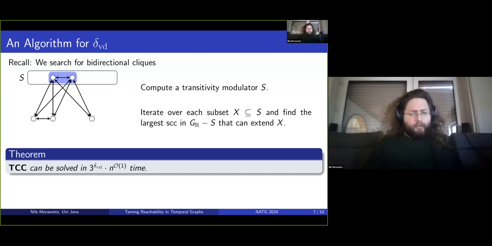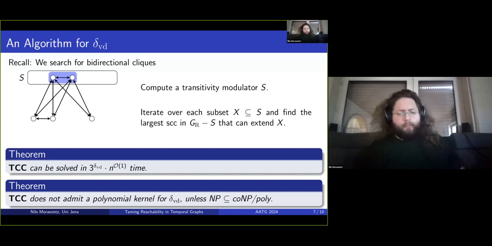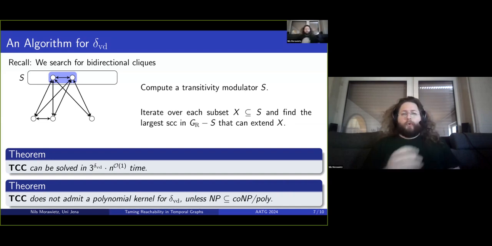And unfortunately, for this parameter, a polynomial kernel is unlikely. So there is no polynomial kernel for the vertex deletion distance plus some additional other parameters. And this is what motivated us to also look at this arc modification distance. I'm not going into details for this kernel for the arc modification distance.